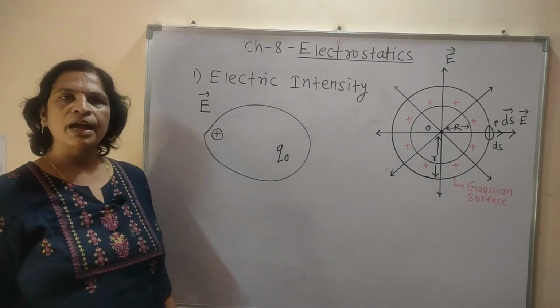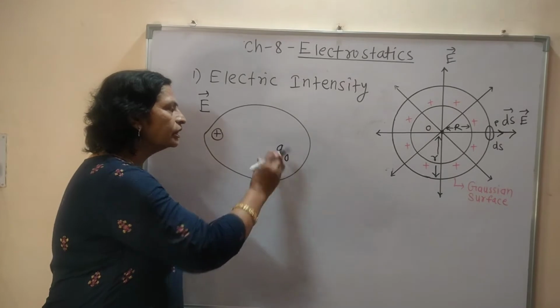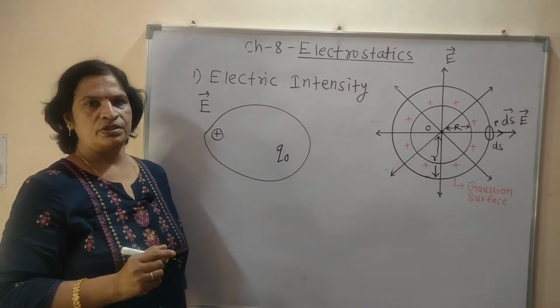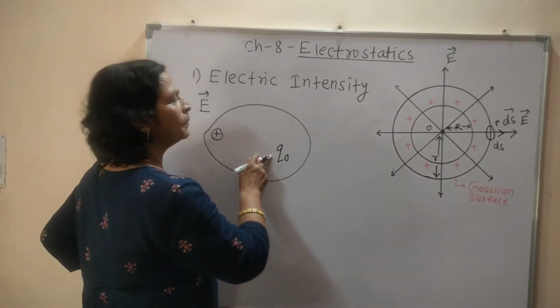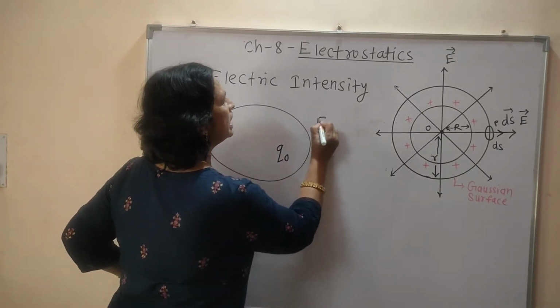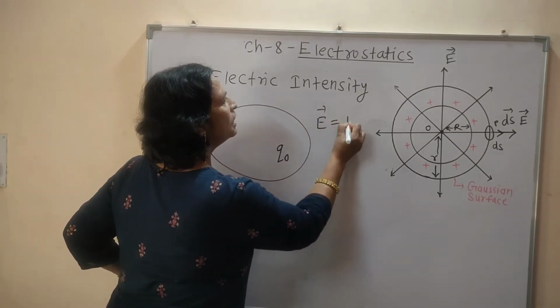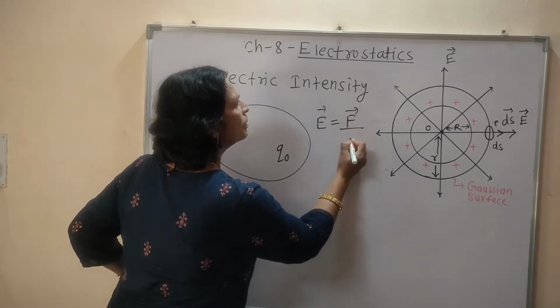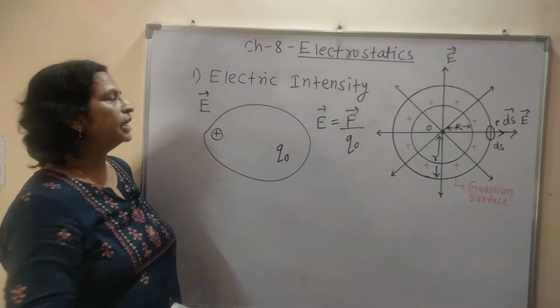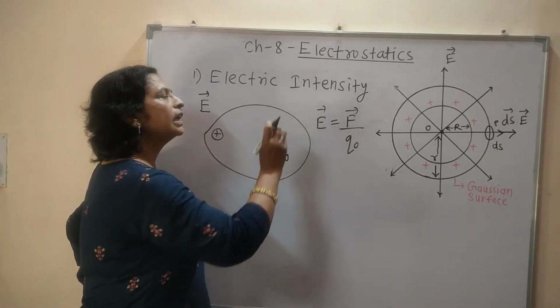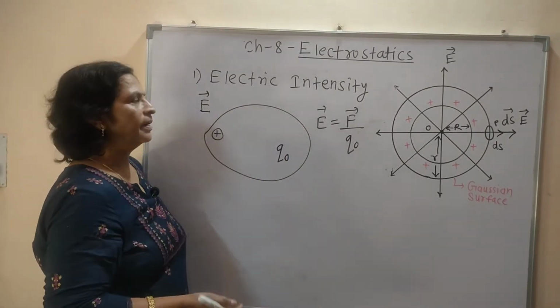At that time what happens? This charge experiences a force, and the force experienced per unit positive charge is called the electric field intensity.